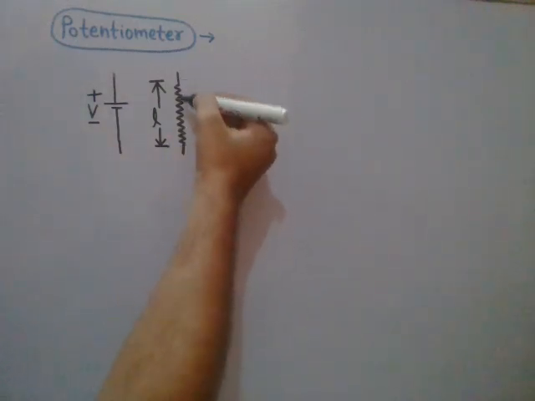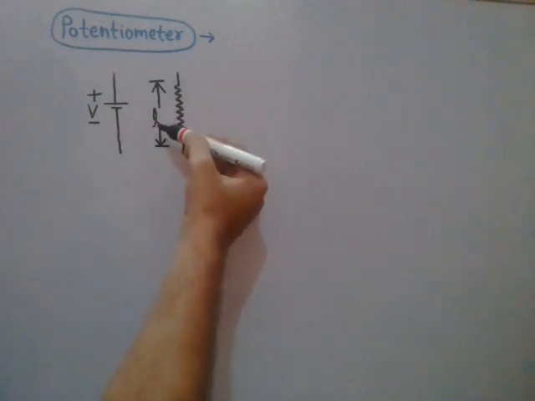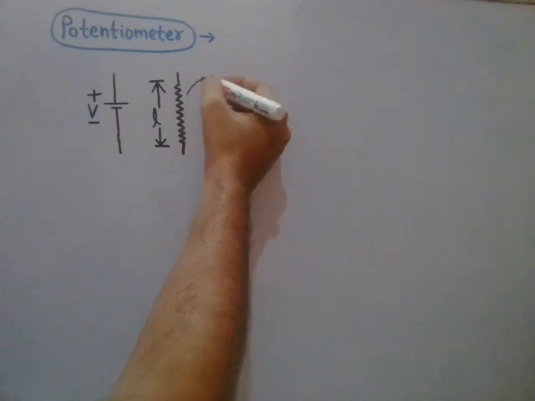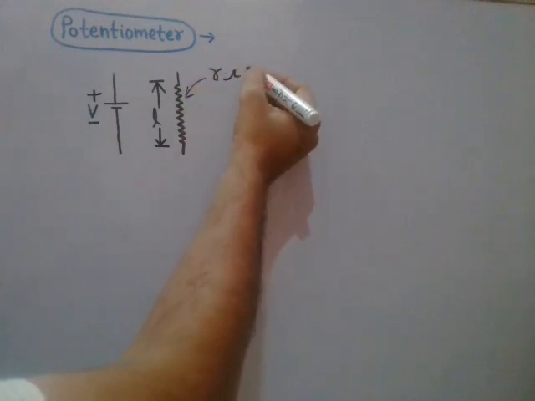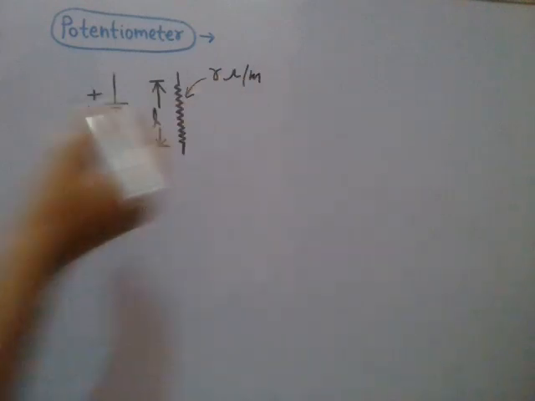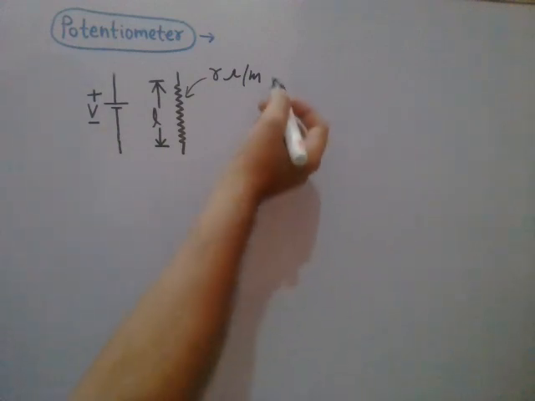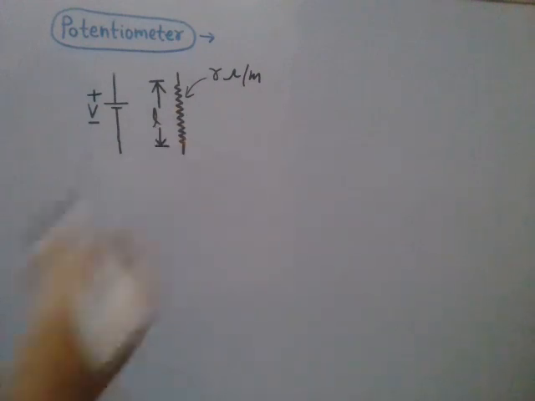This is a wire of length small l, and the resistance of this wire is small r ohms per meter. That is, for unit length, the resistance of the wire is r ohms.